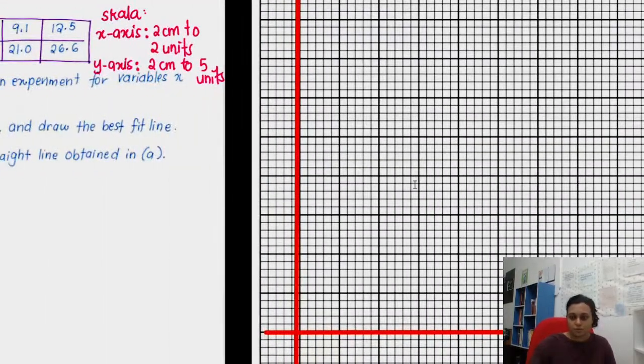So x-axis, teacher is going to start from 0.